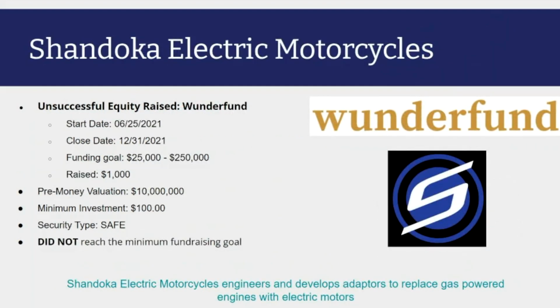Now, this is an example of a crowdfunding, DAC Electric Motors. They went out, valued themselves at $10 million, had a $100 minimum investment, did a SAFE agreement, and came up with just $1,000 raised. Now, with that said, they didn't reach their minimum goal. And obviously I don't know what they did in the front end to market it, get friends and family.